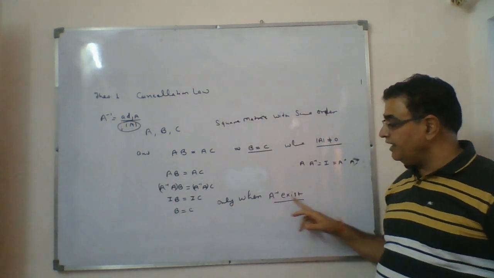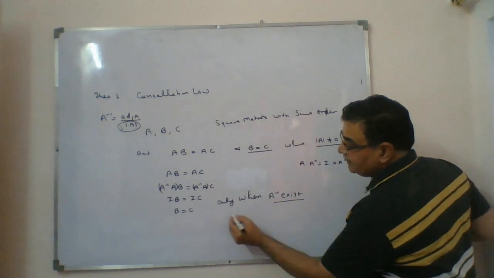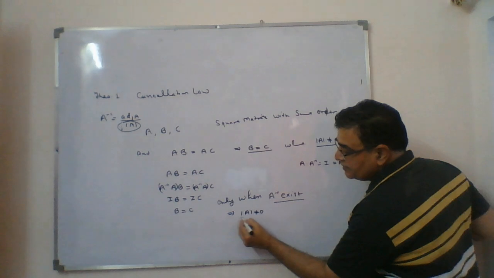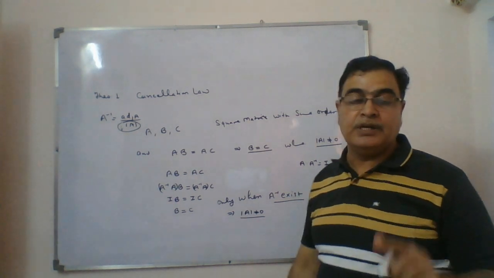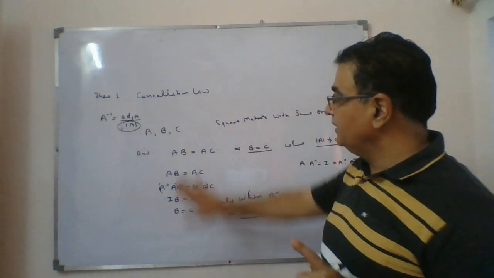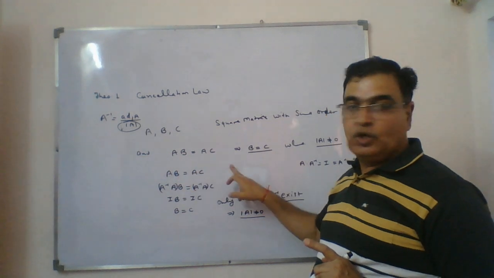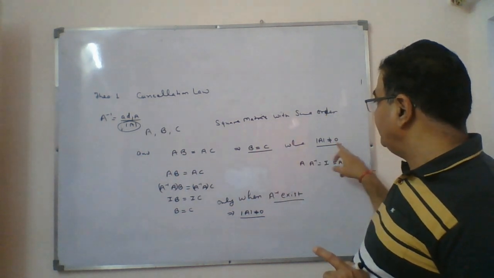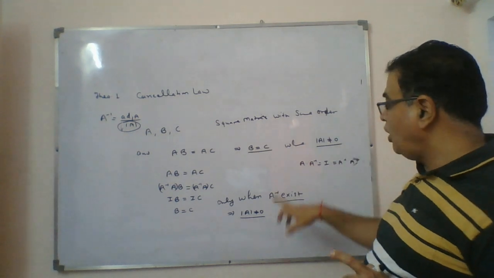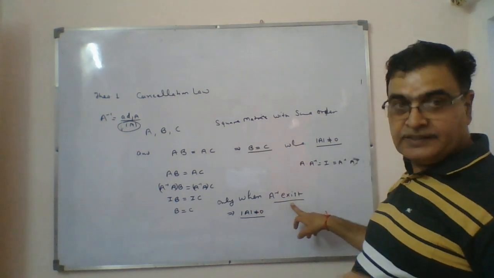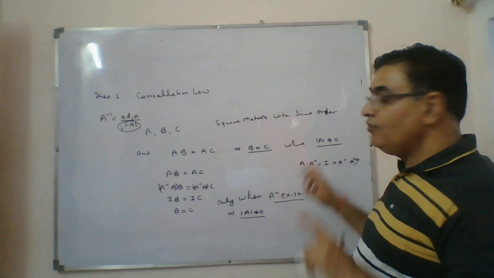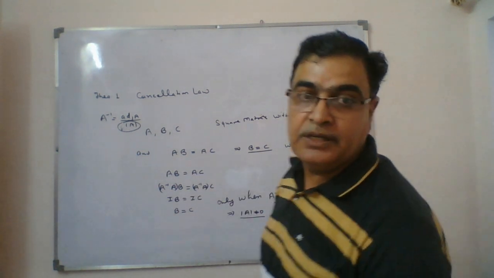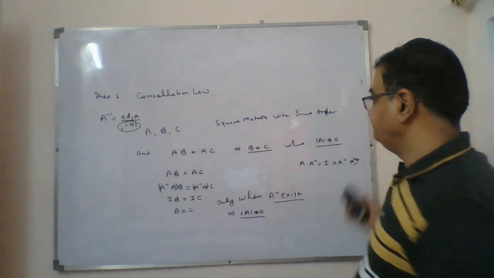So A inverse exists implies determinant A should not be 0, meaning A should be a non-singular matrix. So this is called cancellation law. AB is equal to AC, then B is equal to C, where determinant A should not be 0. Or you can say A inverse exists, or you can say A will be a non-singular matrix. Then this will be cancellation law, which is valid.